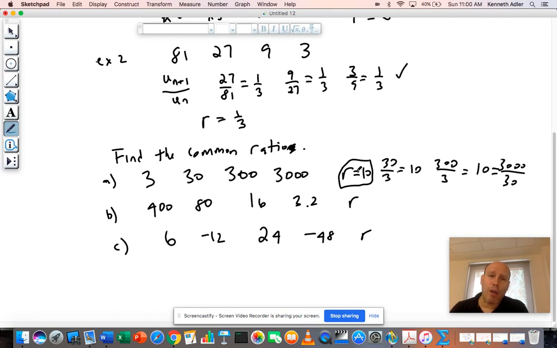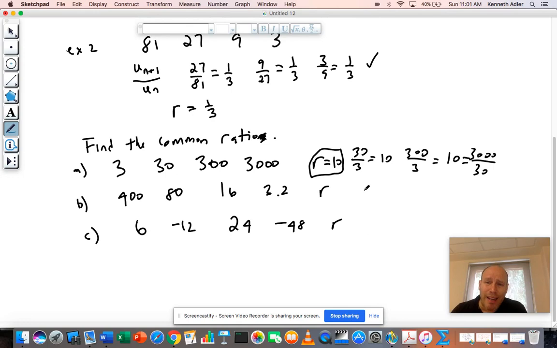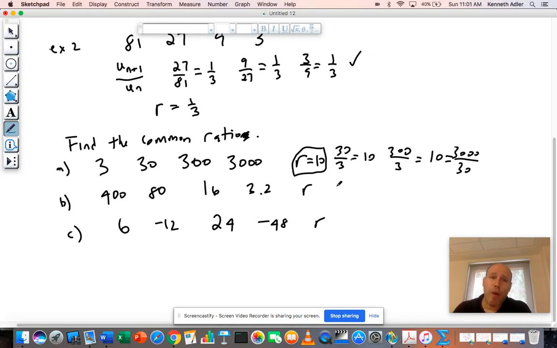What's going on with part B? You think you might know, but make some ratios, take out your calculator, and see if you get the same ratio. 80 divided by 400, that's 1/5. 16 divided by 80, my calculator tells me that's also 1/5.